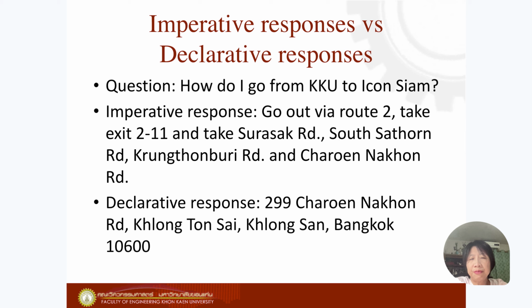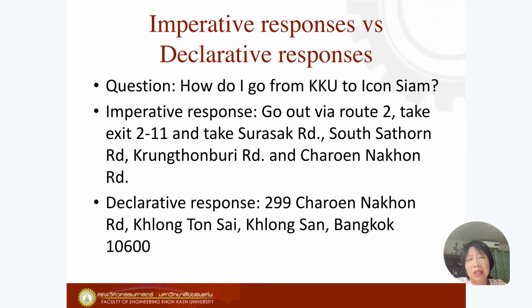Okay, so let's see examples of the difference between an imperative response and a declarative response. Suppose that there's the question, how do I go from KKU to Icon Siam? If we use the imperative paradigm, the response will be go out via Route 2, take exit 11, and take Surasak Road, South Sathorn Road, Krung Thonburi Road, and Charoen Nakhon Road.